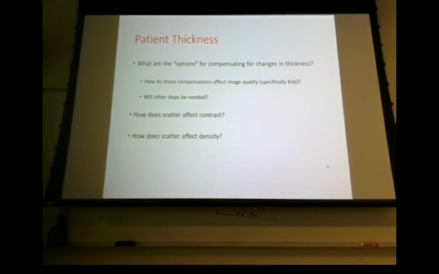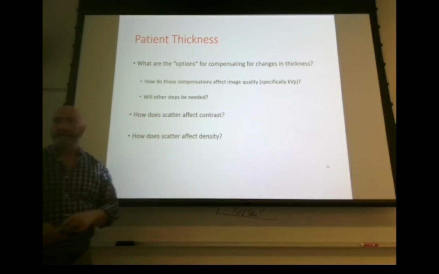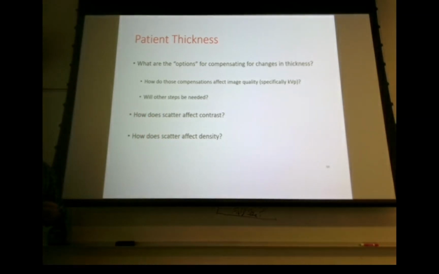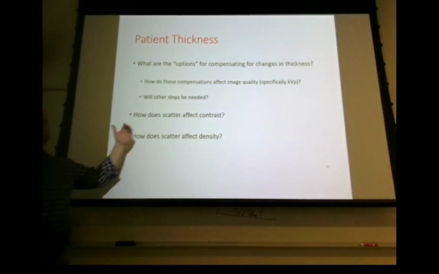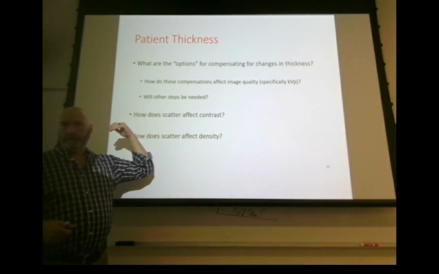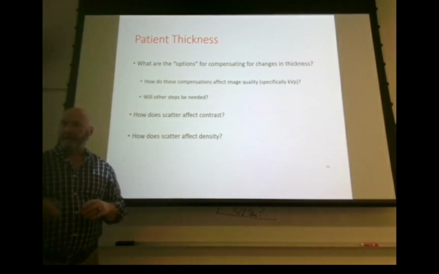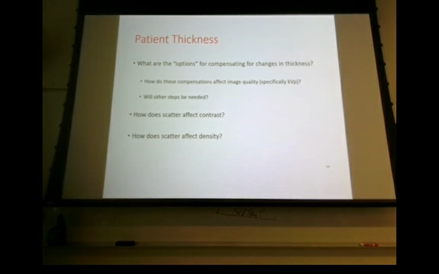You're really not going to see all that much of a difference in contrast. If you've got an increase in tissue thickness that goes above 10 centimeters, or you increase your kVp up to 70 kVp or above, very good, use a grid. Use a grid, right, and that's where we're going next.